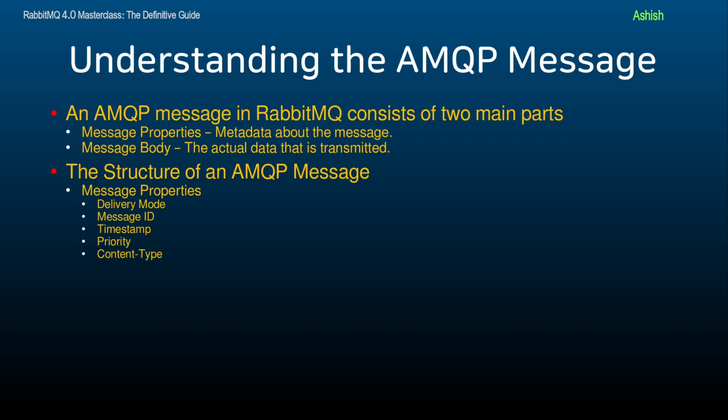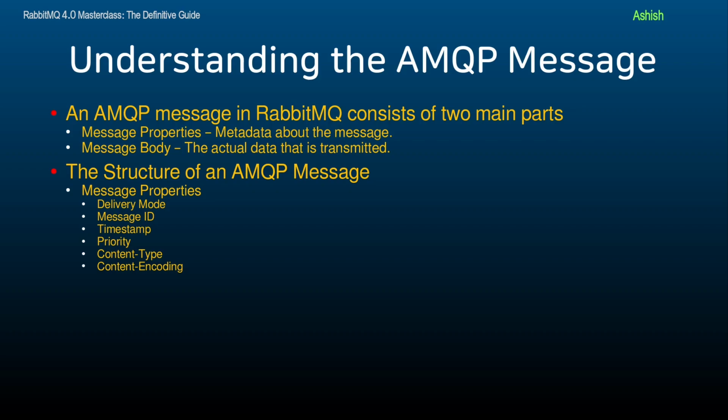Content type describes the format or encoding of the message body, for example, plain text or JSON format or XML. It helps consumers understand how to decode and process the message body. Content encoding indicates how the message body has been encoded, for example, gunzip or base64.